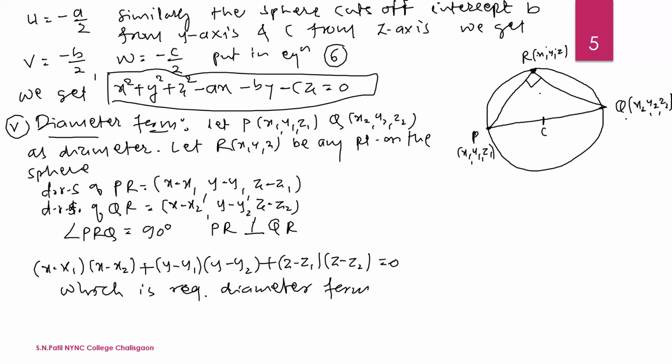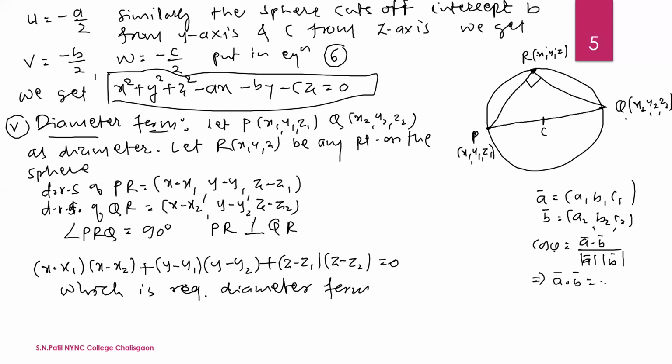See, instead of that, if you consider vectors, suppose this is A vector and B vector. A vector has components A1, B1, C1 and B vector has components A2, B2, C2. Then cos theta is equal to A bar dot B bar divided by magnitude of A into magnitude of B. If theta is 90 degrees, then cos 90 is 0, so A bar dot B bar is equal to 0.